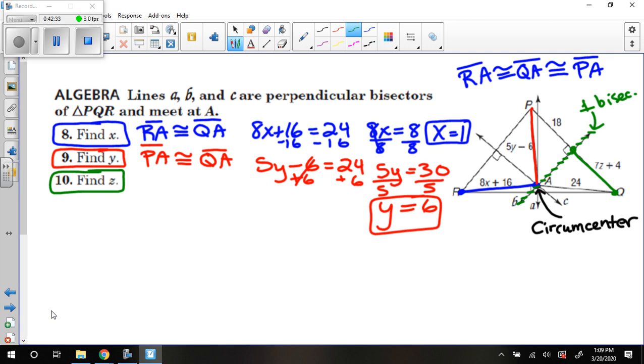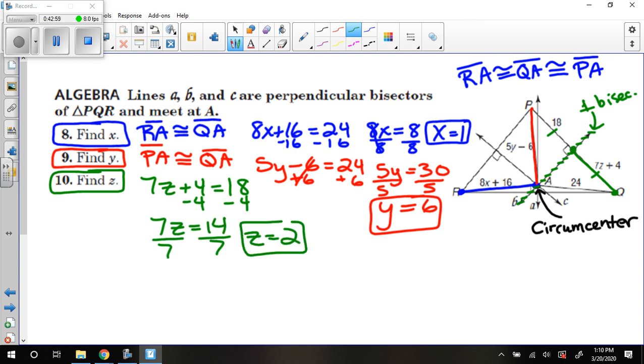If it's a bisector, it's cutting a segment in half, which means this segment is equal to this segment. So to find z, I'm going to say that 7z plus 4 is the same length as that 18. Well, minus 4, I got 7z equals 14. Divide by 7, so z is 2.